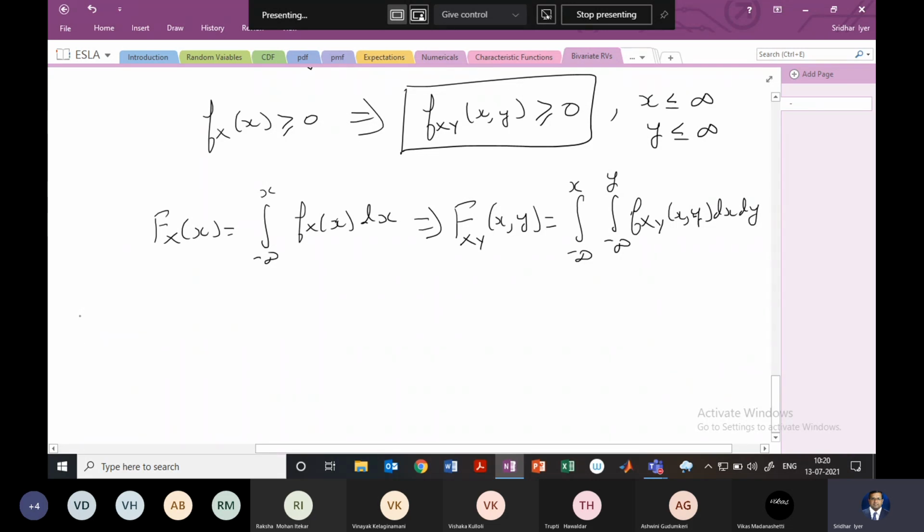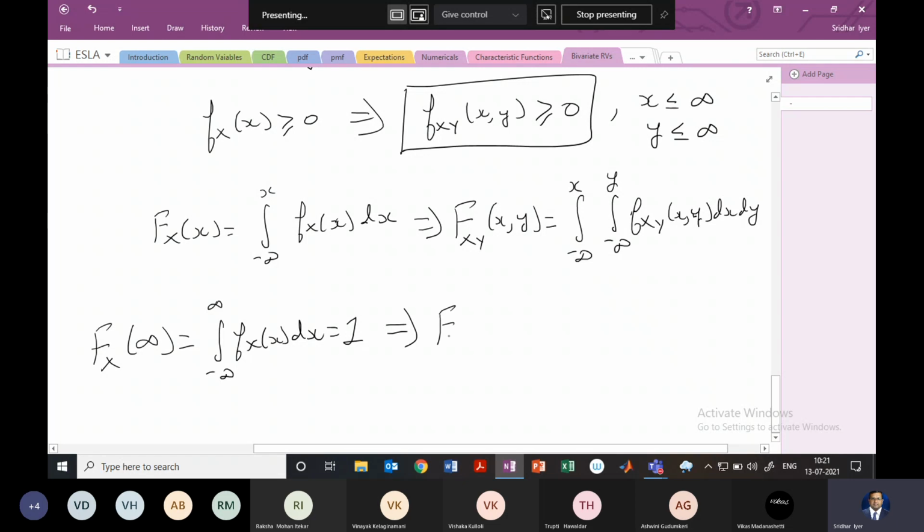The next property is very, very important and very, very simple to understand. The integral from negative to positive infinity of fx of x dx is equal to 1. That is, the total area under the PDF is always going to be 1.